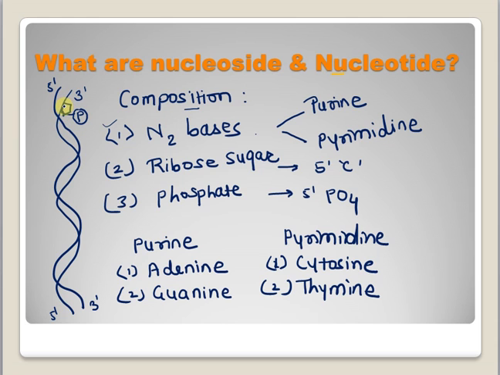Here the pentose sugar is present. With this pentose sugar, one nitrogenous base is joined over here. Nitrogenous base has a ring structure. Purine has a double ring structure, pyrimidine has a single ring structure. But for this topic you only have to consider the composition of the DNA.